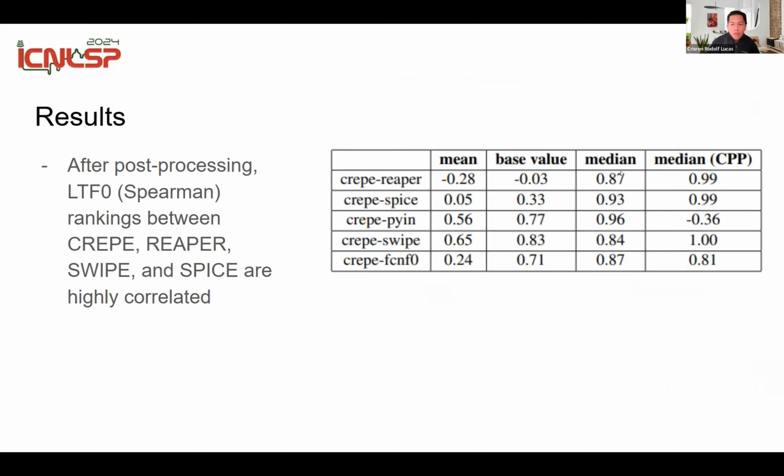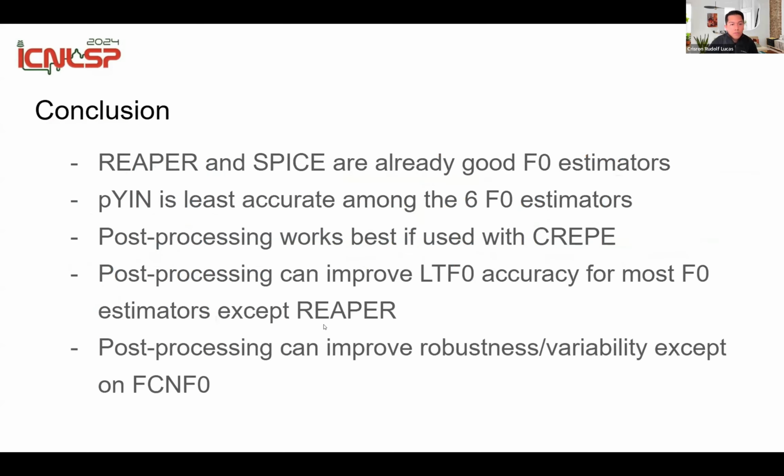You can see that the median post-processing yields more consistent rankings in terms of pitch, especially with CREPE, Reaper, SPICE, as well as Swipe. CREPE and SPICE are both machine learning algorithms, Reaper is cross-correlation, and Swipe is spectrum-based.